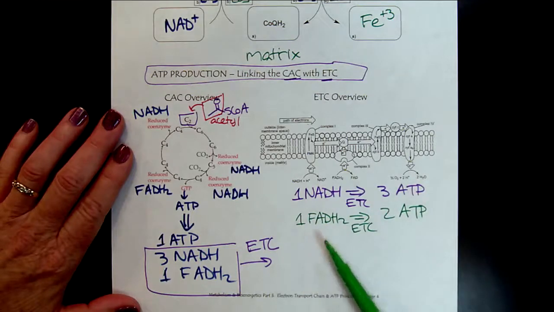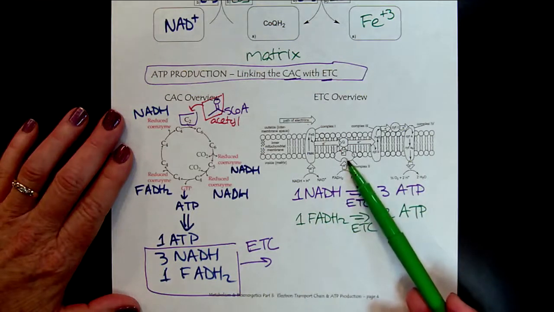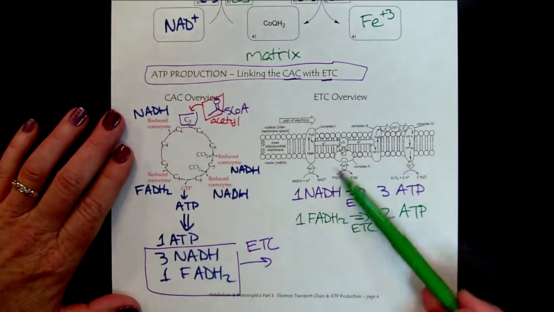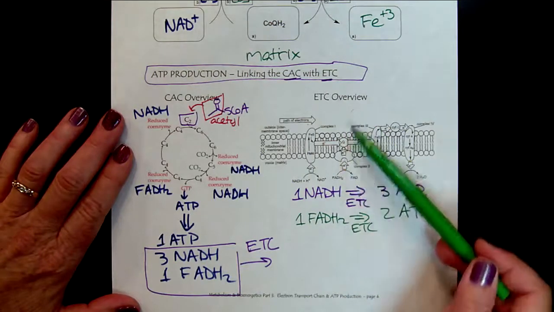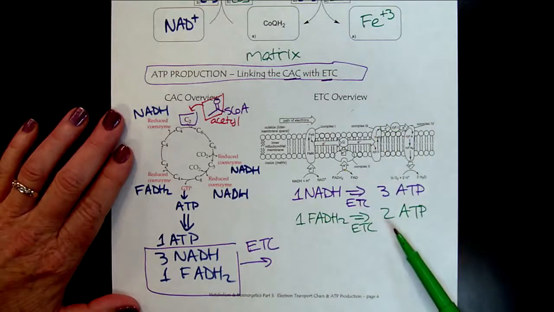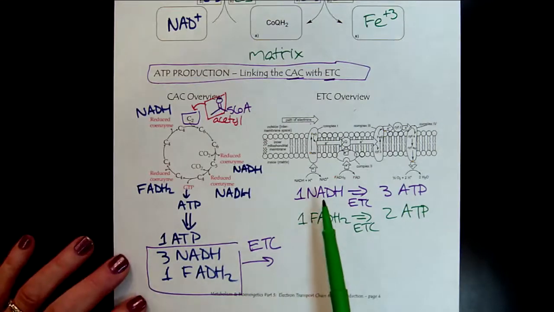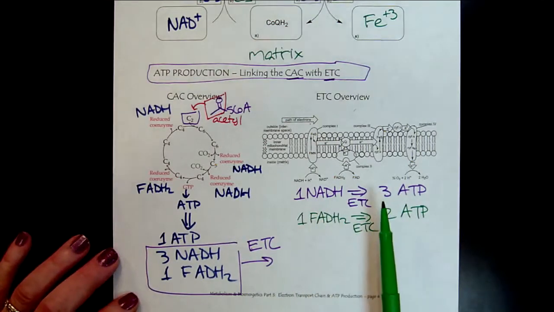Where FADH2 enters at complex 2, where no electrons are pumped, so less protons are pumped. So less protons are pumped, less energy. You can really think about it like one of those crank flashlights, right? So the more cranks you do on the flashlight, the brighter the light will get, the longer it will go. So NADH is able to crank the flashlight more than FADH2.